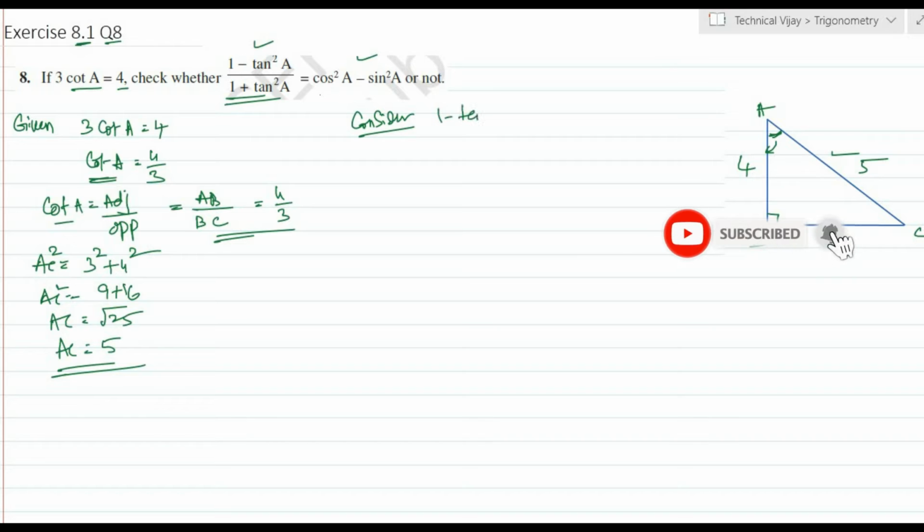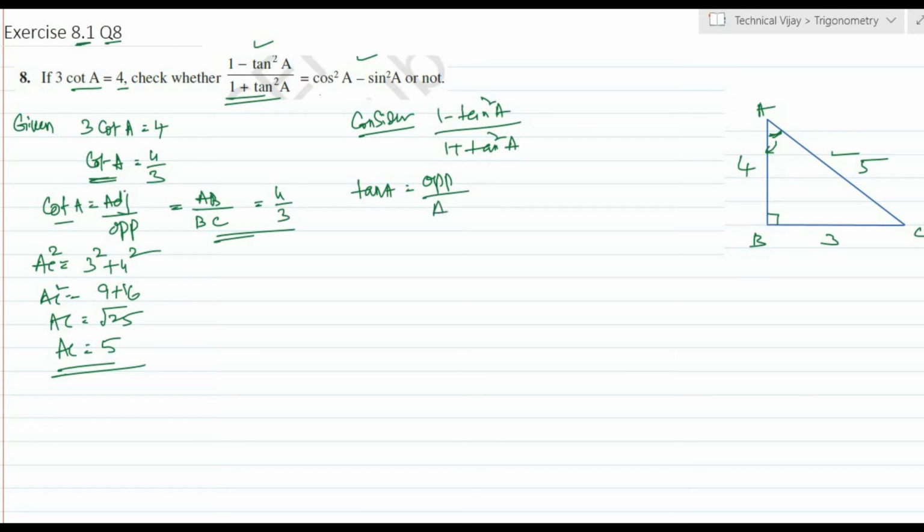Consider 1 minus tan square A divided by 1 plus tan square A. So first we will calculate what is tan of A. So this is equal to, tan of A means opposite divided by adjacent. So opposite means 3 divided by 4. Okay. Tan square means here this is 3 by 4 square. Okay. So tan square is equal to 9 by 16.